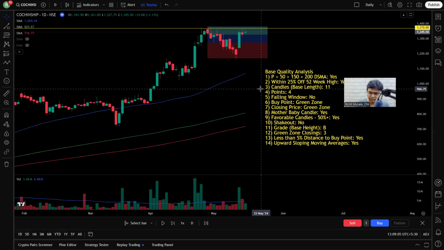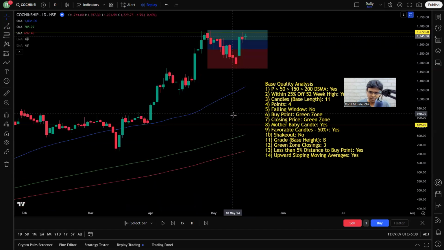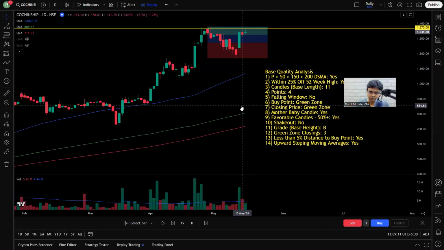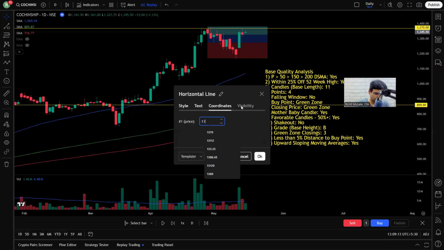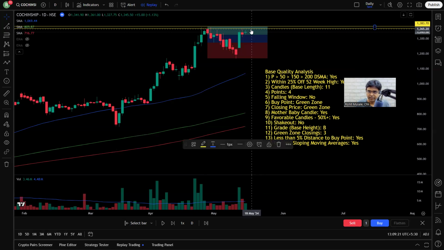That's 1383.70. So that's the buying range. The next line is 8% below the first yellow line. So this is 0.92, like 92% of 1370, which is 1260.40.